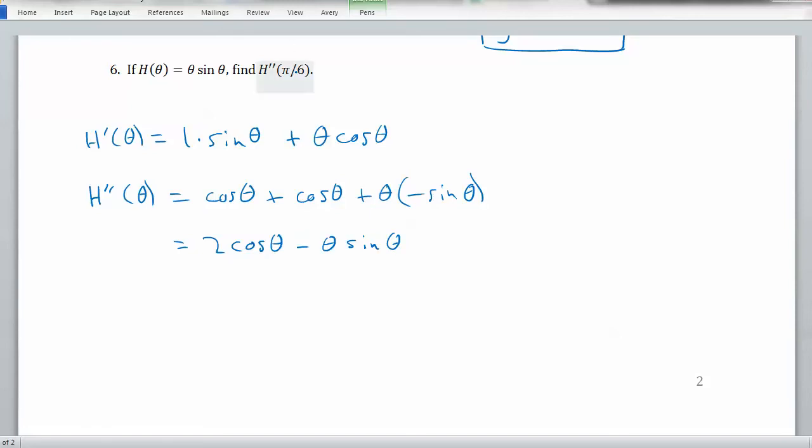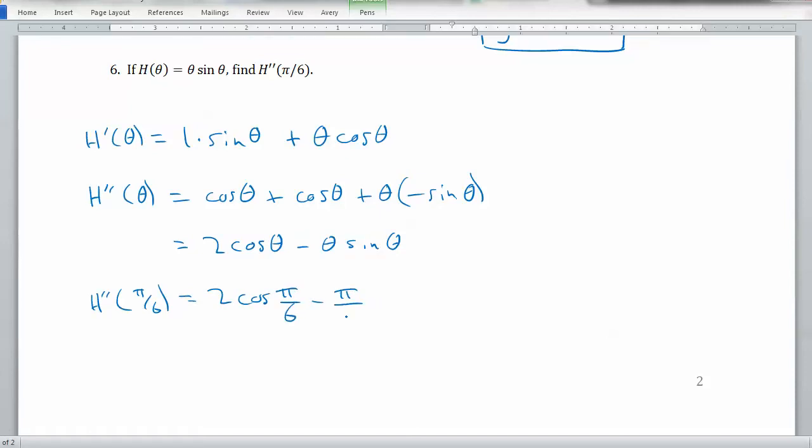Now the problem's asking me for the value of that at pi over 6. So we just have to plug in pi over 6 for theta. So we get 2 times cos pi over 6 minus pi over 6 times sine pi over 6. And now we've got to remember those values of trig functions. Let's see, do I remember these?